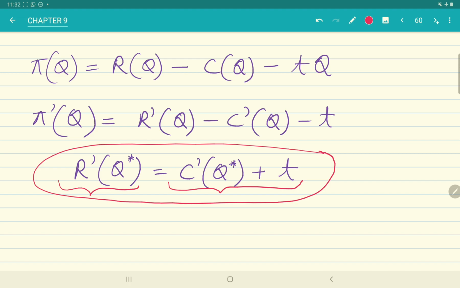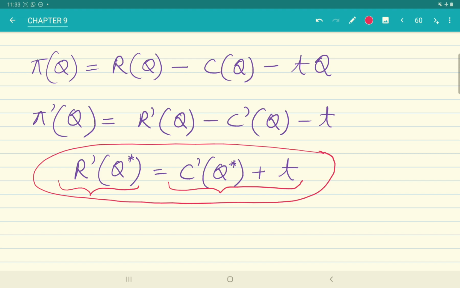I know that c prime q star is my marginal cost, and t is also part of my marginal cost now, precisely because when I increase production by 1 unit, I have to pay out $t tax per unit. So again, the condition tells us what we gain by increasing production by 1 unit from the level q star.